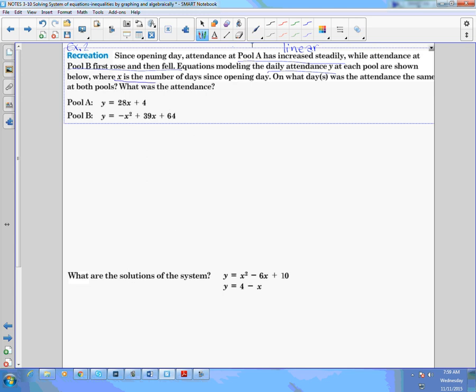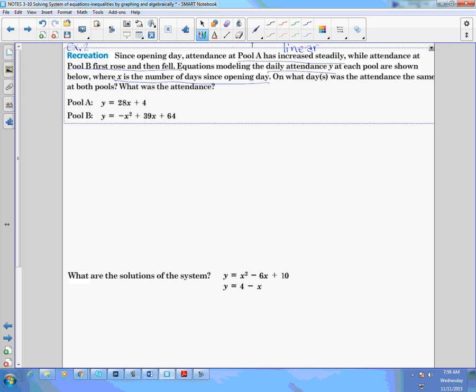Number of days opened, right? You can just say x is number of days opened. And the question: on what days was the attendance the same? So that's what we want to know, when they're equal. If you graph this, we're looking for when they're equal.